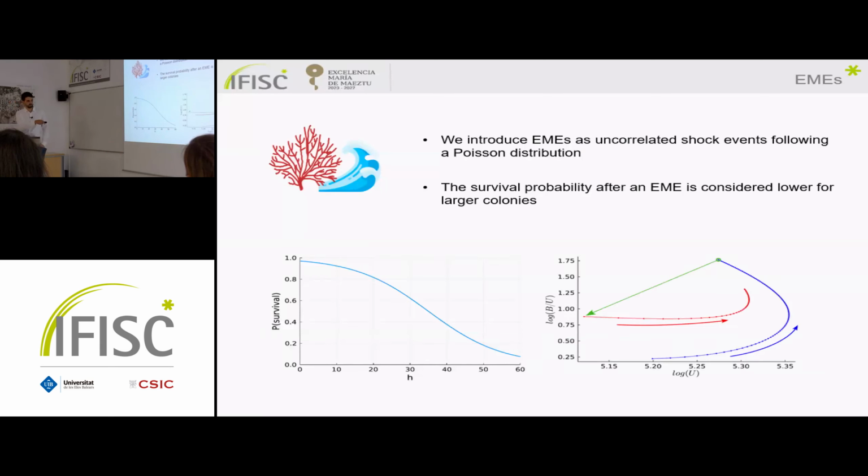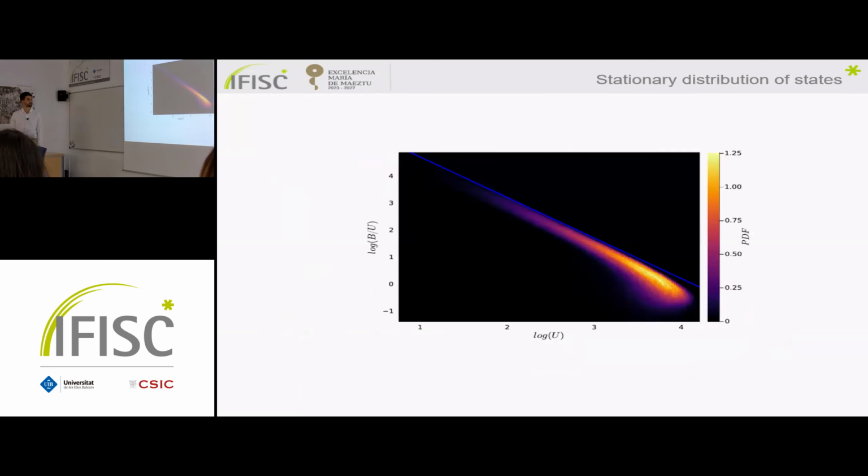What is happening here is that we have our deterministic trajectory, and at some moment we have this sudden death of many of the colonies, and the system jumps to a new configuration before going on to grow deterministically again. Notice that here we are already in the self-thinning phase, and after the disturbance we go back to the recruitment phase. So we have these self-thinning recruitment cycles.